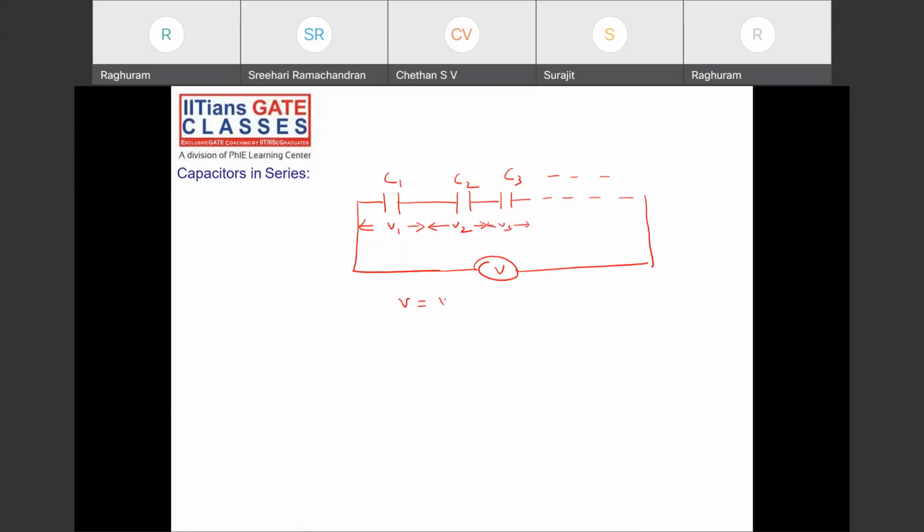So V is equal to V1 plus V2 plus V3 plus so on. And remember this, in series capacitors, the charge is same. Similar to that of current, same in case of resistors. In series capacitors, charge is same.